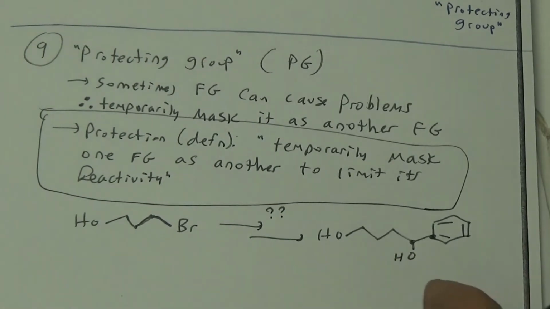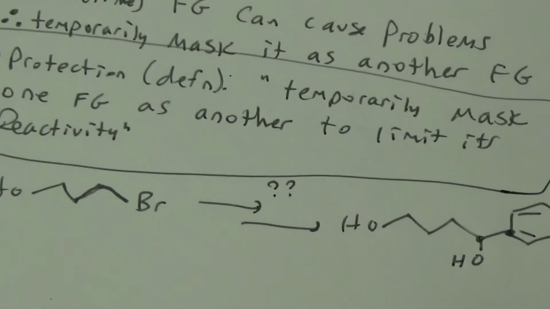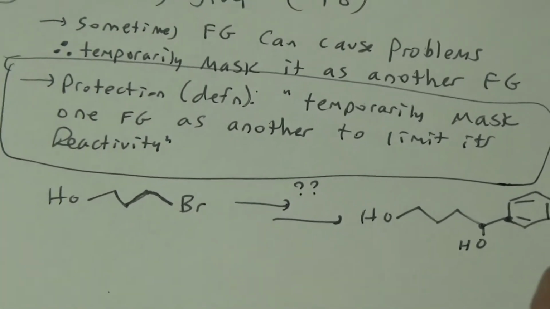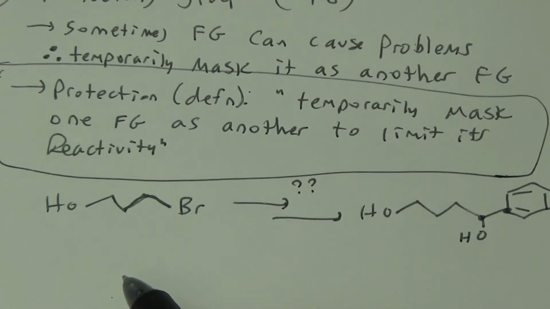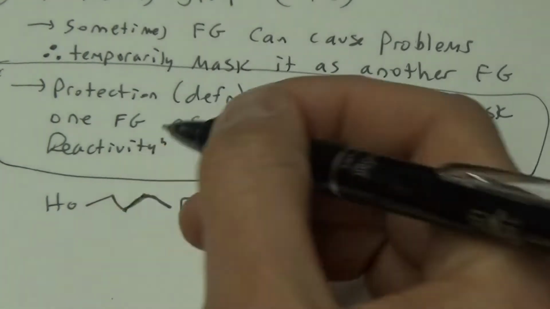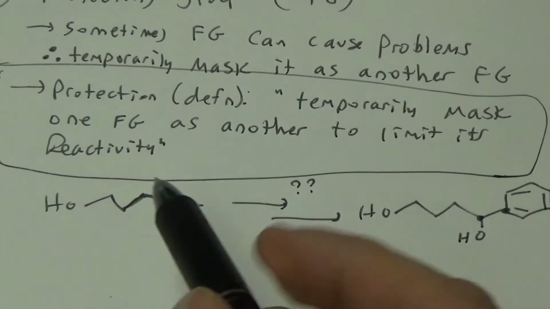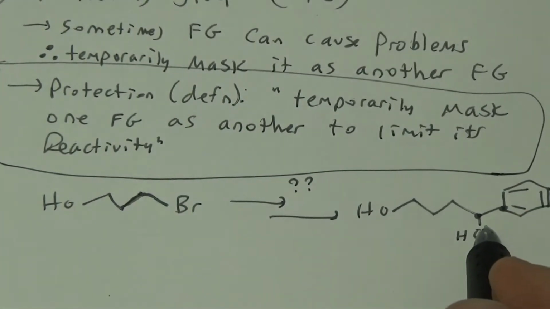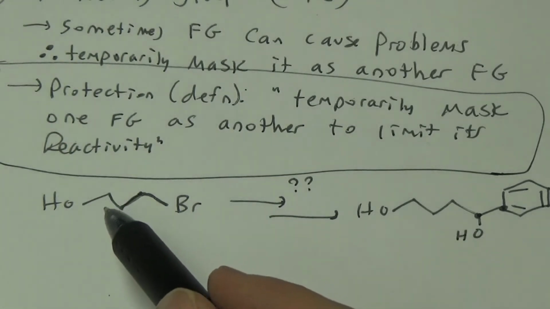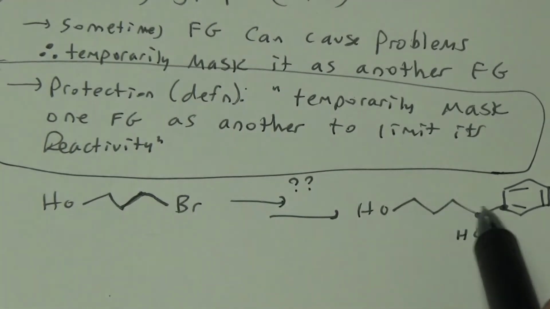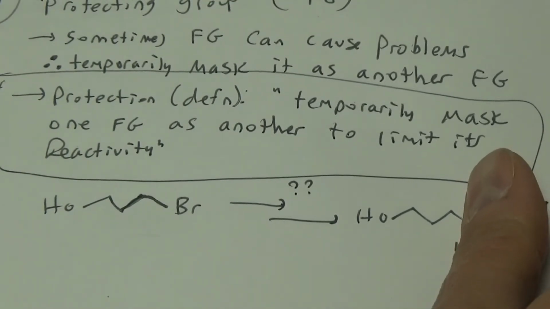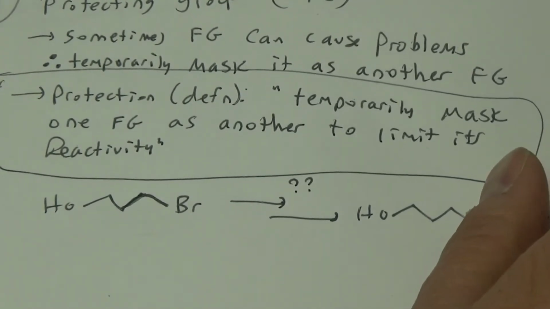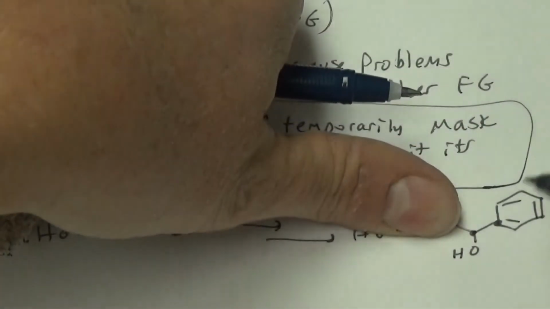How could we convert that into a secondary alcohol like that? It looks like, if you think about Grignard, for example, because we know that we can convert a bromide to an alcohol using Grignard. It almost looks like, well, we have 3 carbons there, and we want to add this whole thing, right? There's the 3 carbons on the product.